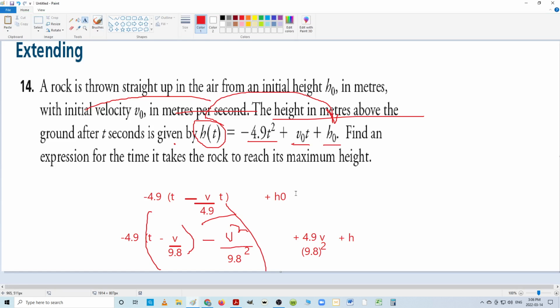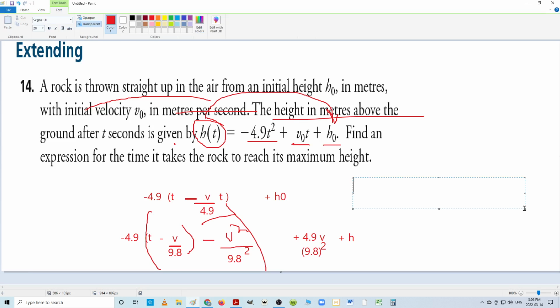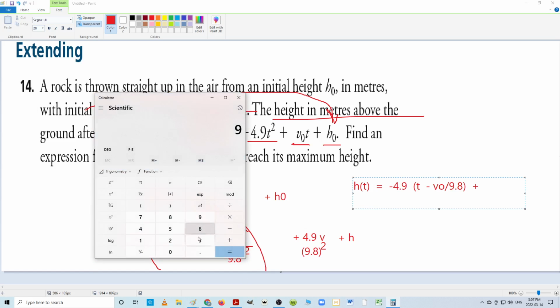So I'm going to be left with this. Height of t is equal to minus 4.9, curious if I went the right way here, t minus velocity initial divided by 9.8 plus, and I'd have to add these, I wonder if 9.8 squared is easily divisible by 4.9. 19.6.